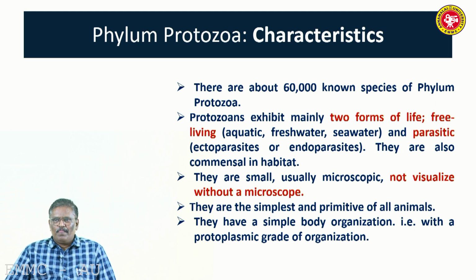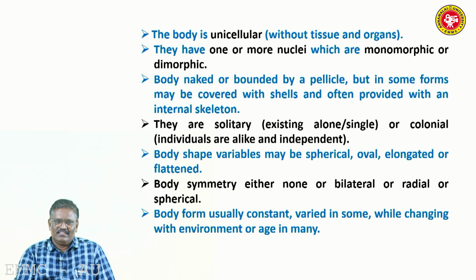They are also common in cell habitats. They are very small, usually microscopic, not visible without a microscope. They are the simplest and most primitive of all animals. They have a simple body organization, a protoplasmic grade of organization.